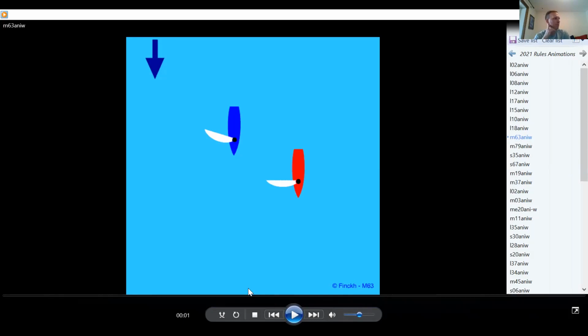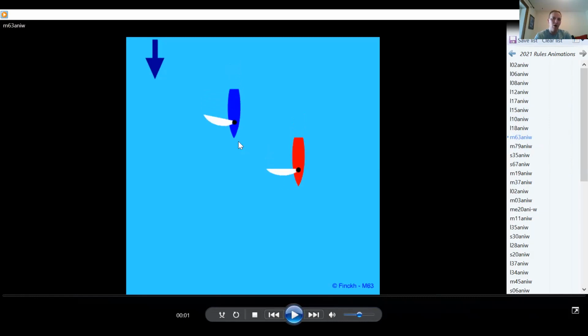Remind me, blue is the windward boat in this situation, correct? Correct. No, blue is the leeward boat in this. Well, blue started as the windward boat, and there was no overlap at the start of this.